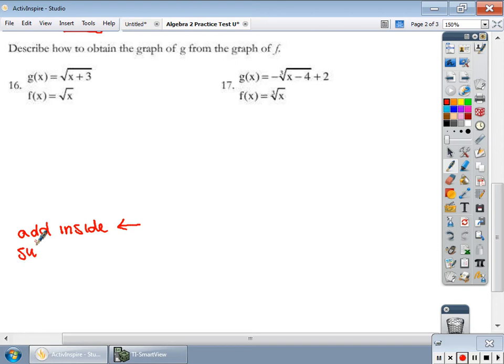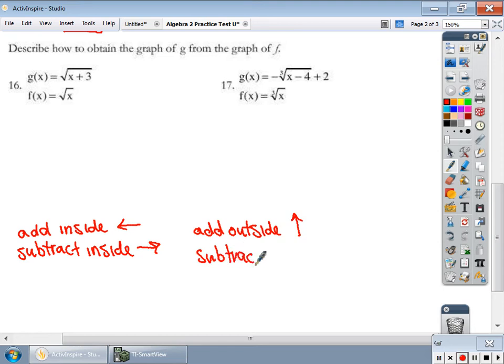If you subtract inside, that's going to be a shift to the right. When you add on the outside, that is a shift up. When you subtract outside, that is a shift down.